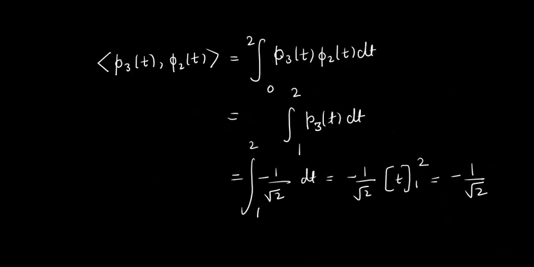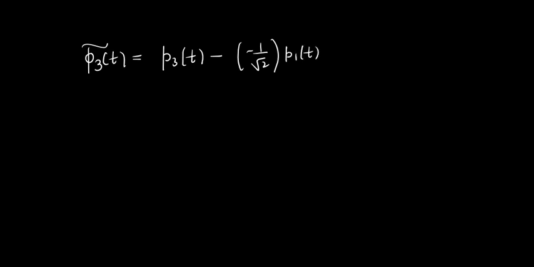So, your phi 3 tilde t is your p 3 t subtracted by minus 1 by root 2 times p 1 t or phi 1 t, minus minus 1 by root 2 times p 2 t, right. So, if you can just write p 3 t, what is your p 3 t?